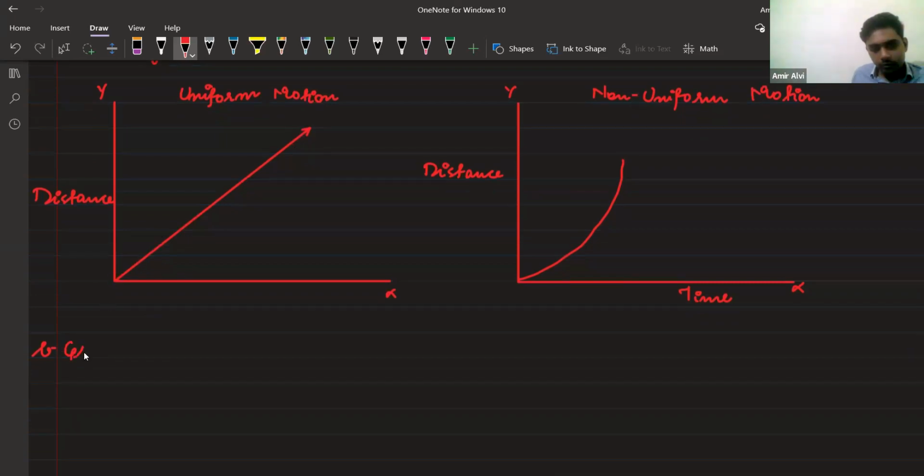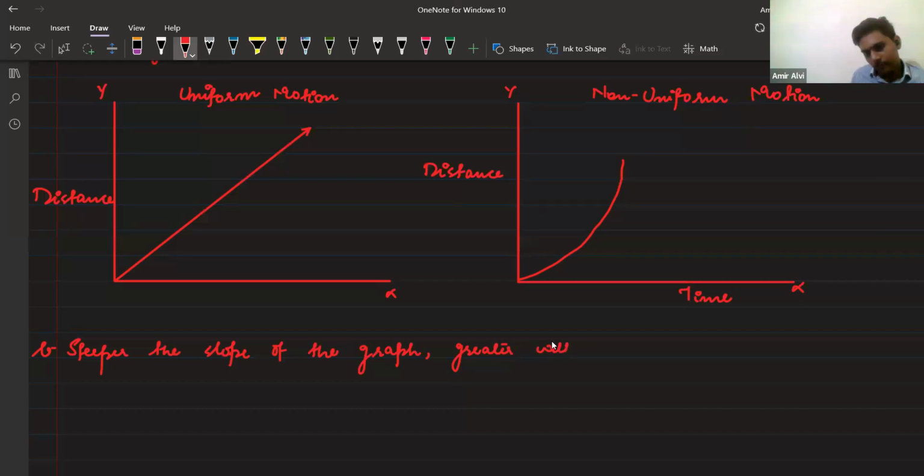So I'm writing it here: greater or steeper slope of the graph means greater magnitude of speed. Is this clear to all of you or not?